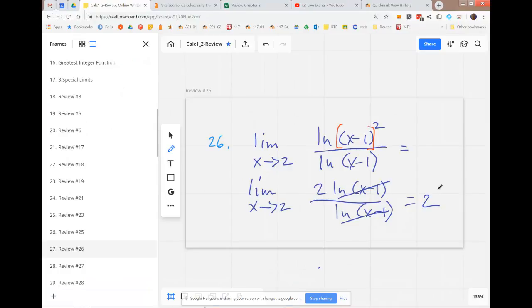Okay. So that advice would not have worked. I really had no choice but to use the natural log law to rewrite that numerator. So you probably should go over your natural log laws again.